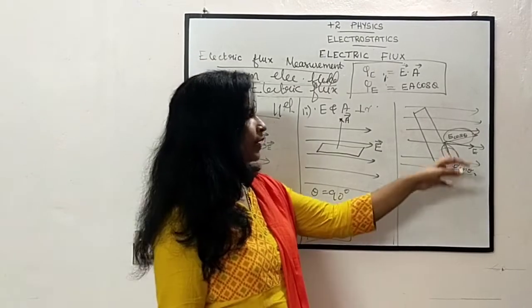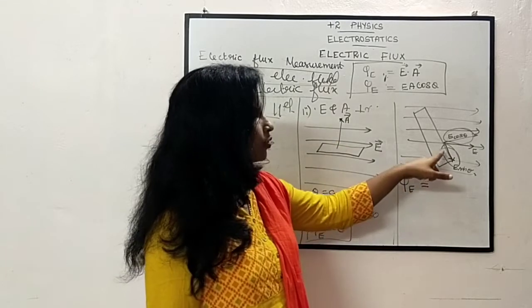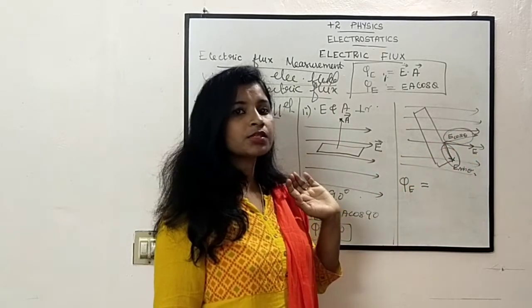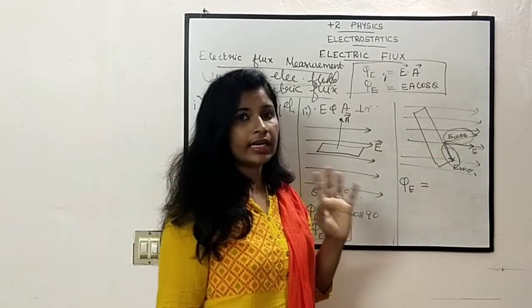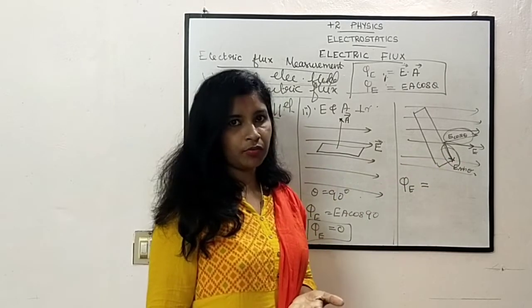Whenever the plane is inclined at an angle theta, we take only the electric field which is perpendicular to the plane. The electric field parallel to the plane we won't consider.